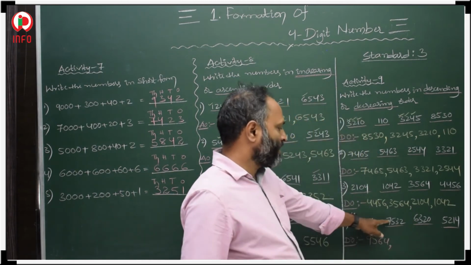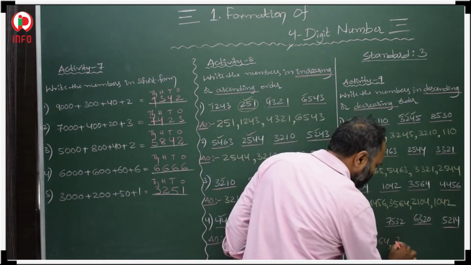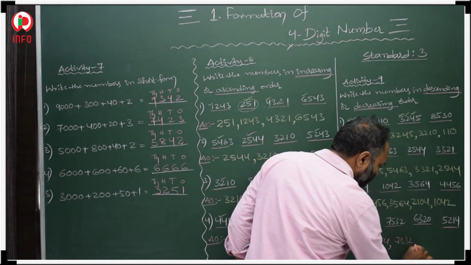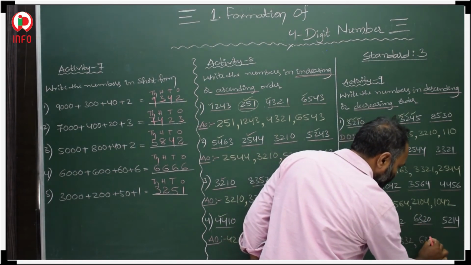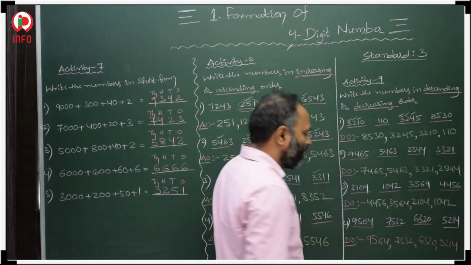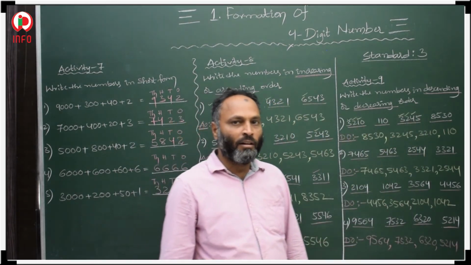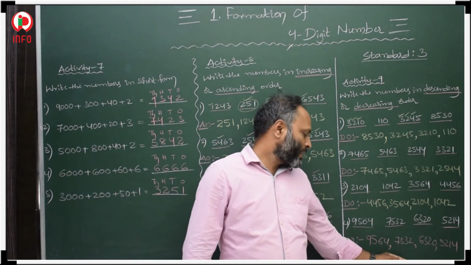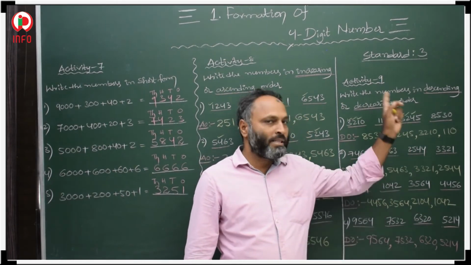After 9,000, 7,000: 7,530. Then 6,320. Then 5,250. This is already in the order given. This is descending order, decreasing order.